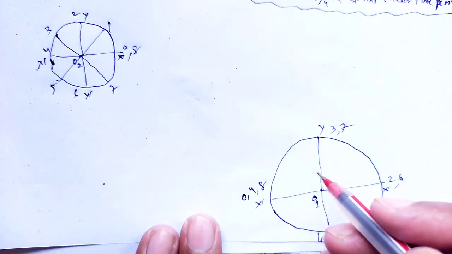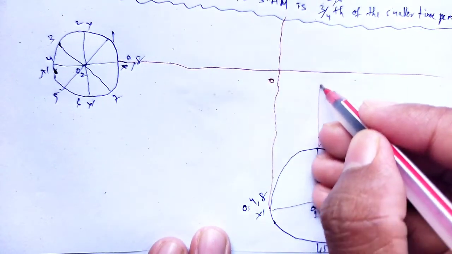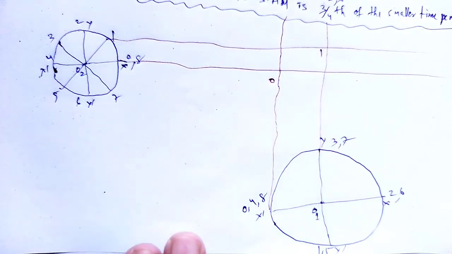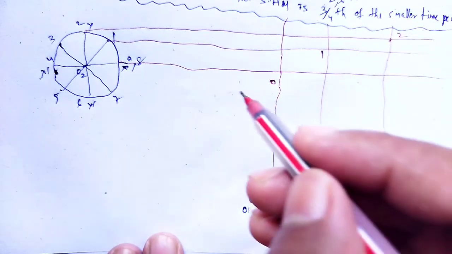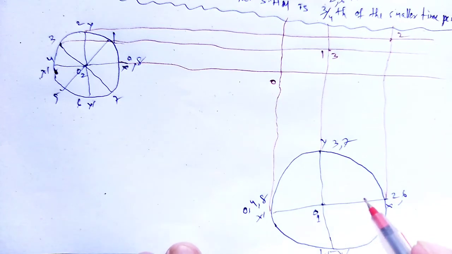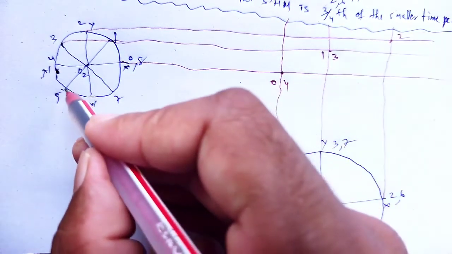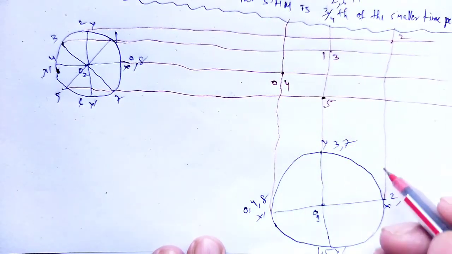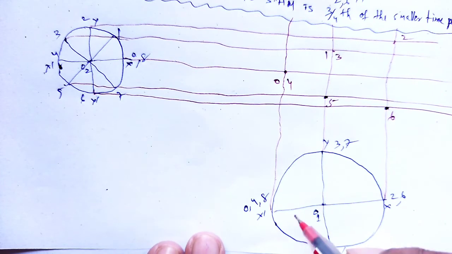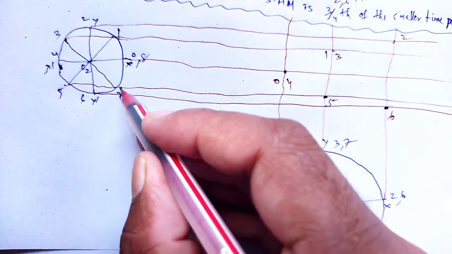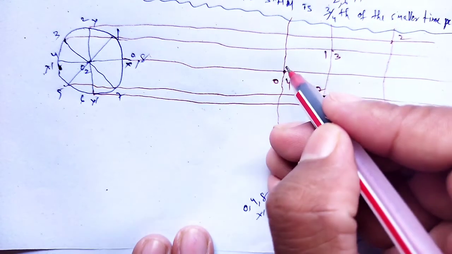Now joining the lines, this is the 0 line, 1 line, that for 1 line, 2 line, this for 2 line, next 3 line, that for 3 line, 4th line, this figure also for the 4th line, 5th line, 6th line, next 7th line, that point also for the 7th line, next 8th line, here the point also for the 8th line.